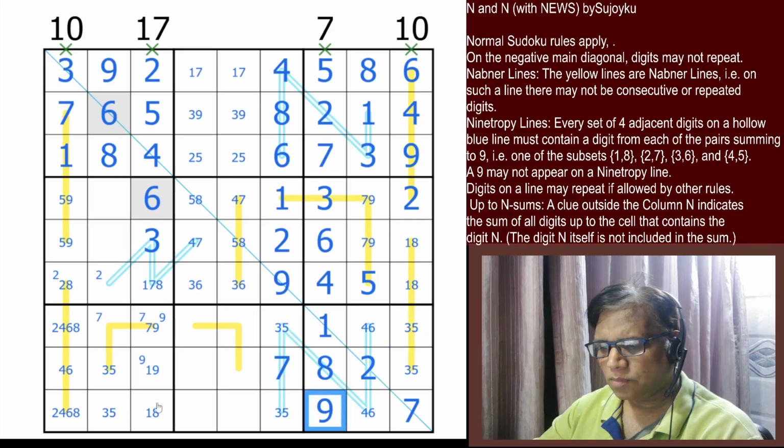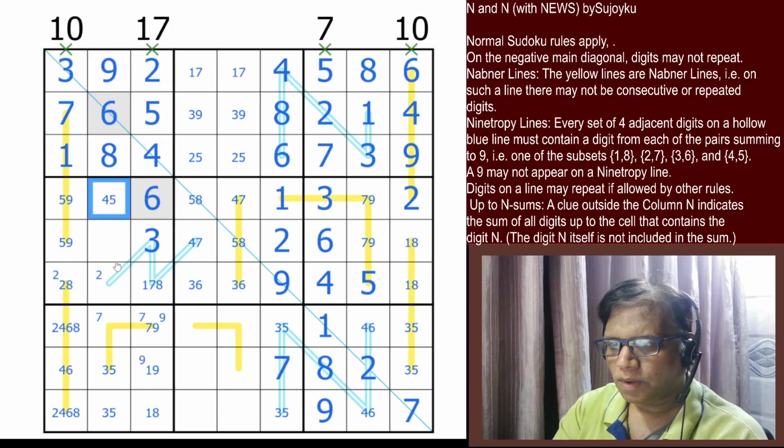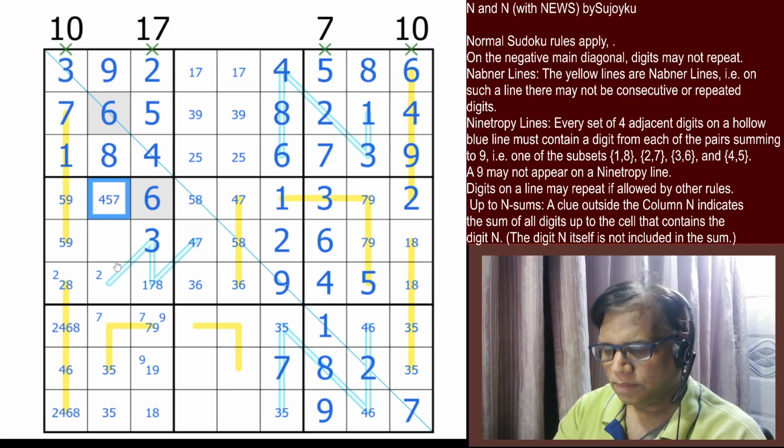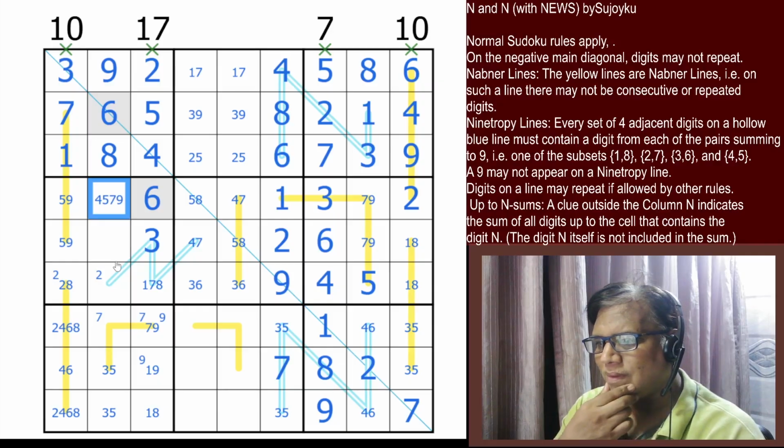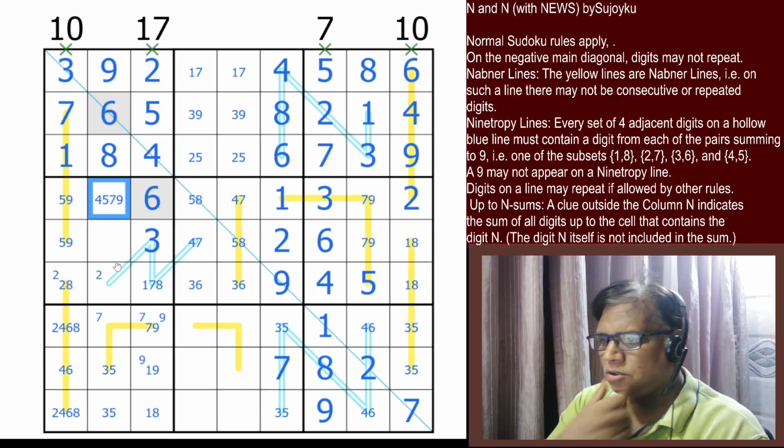Something is off, I'm not looking properly. 1, 2, 3. This is 4, 5, 6, 7, 8, 9, 4, 5, 7. Too many.